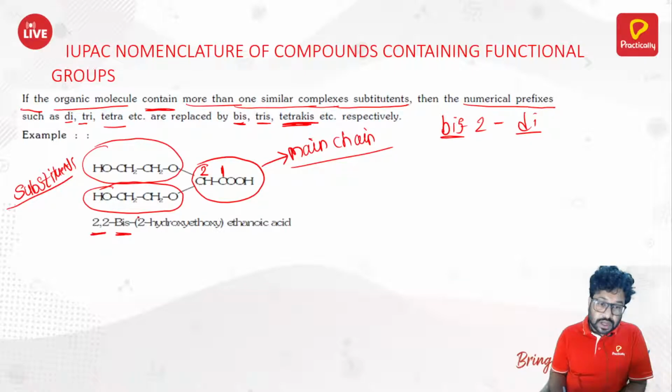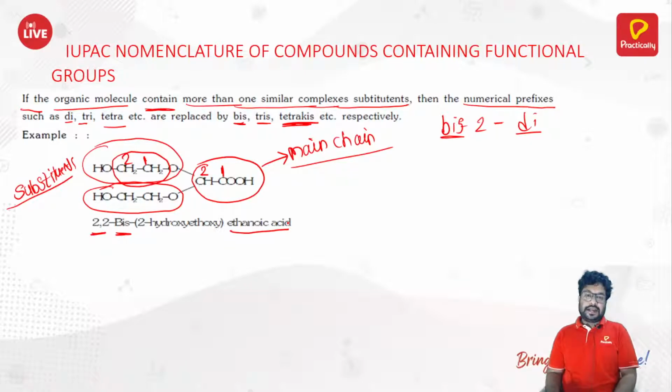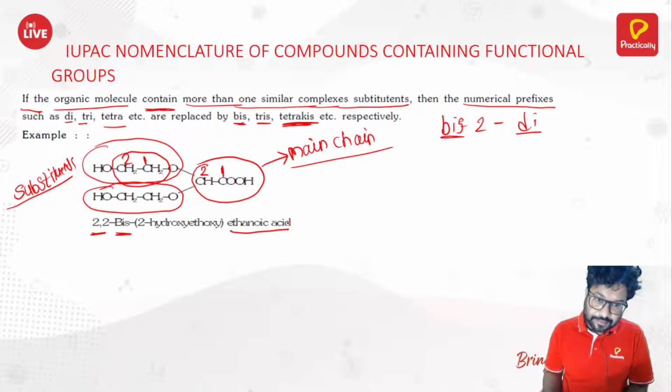This is 2 because this is the substituent. Now in this substituent, at the second position the OH group is attached, right? That is why you write 2,2-bis(2-hydroxyethoxy)ethanoic acid. That is how you name them.